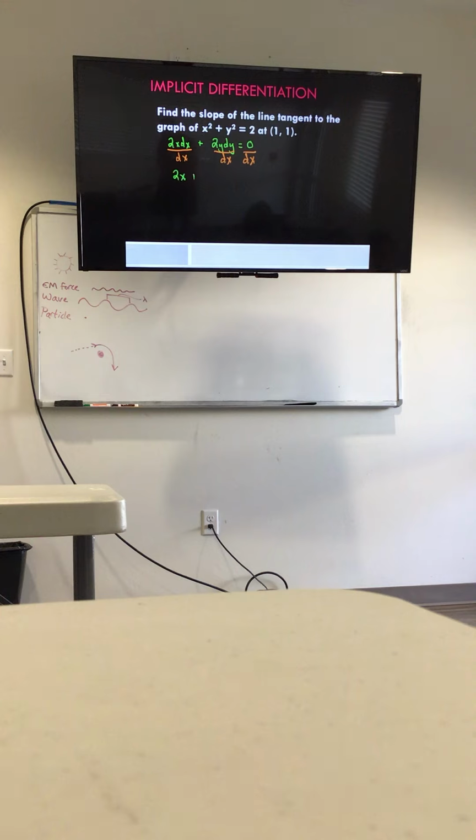2x plus 2y dy over dx equals 0. Oops, I was writing what you were saying. Equals what? 0. Equals 0. Alright, so my job is to calculate this derivative, which is the dy over dx. So Amelia, what should I do next on this question? Subtract 2x. I'm going to subtract the 2x over, because that doesn't have the dy dx.